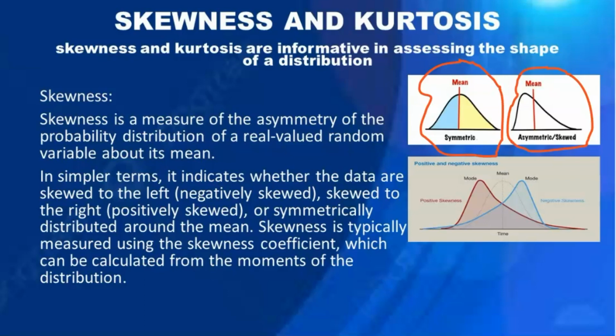From positive and negative skewness, this diagram below is showing exactly what I am explaining to you. The positive skewness is from the right-hand side, and the negative is from the left-hand side, which is the mean, the mode. So in this diagram, we are trying to study the shape of our normal distribution curve.